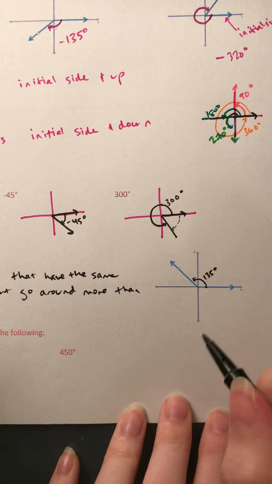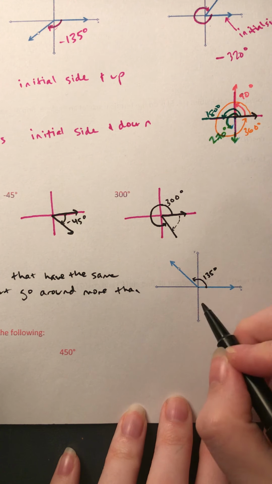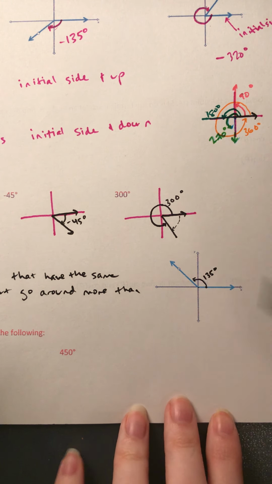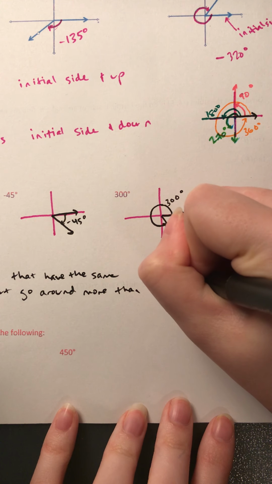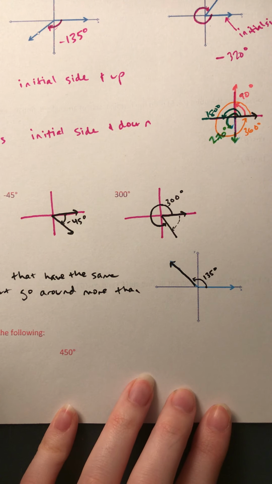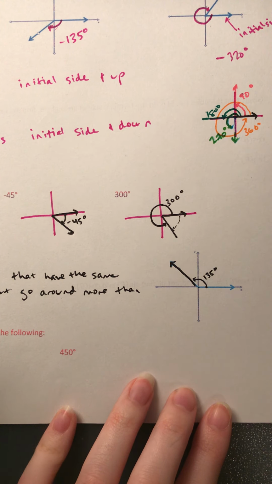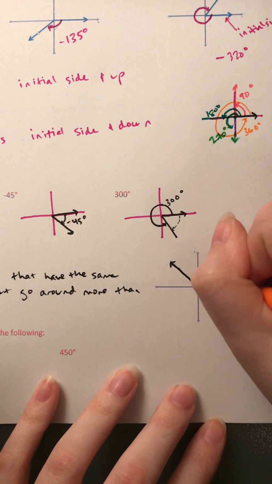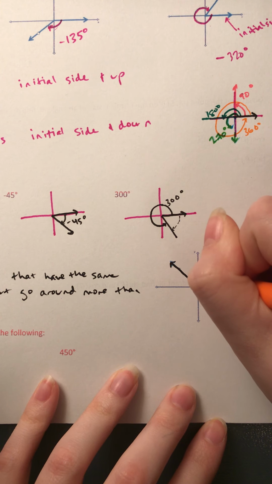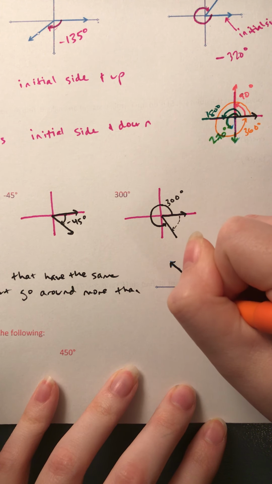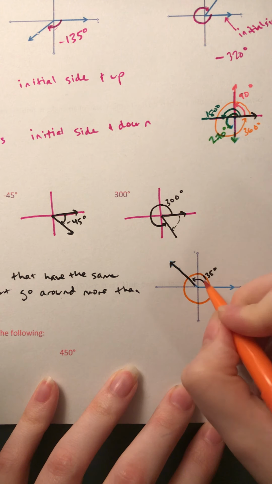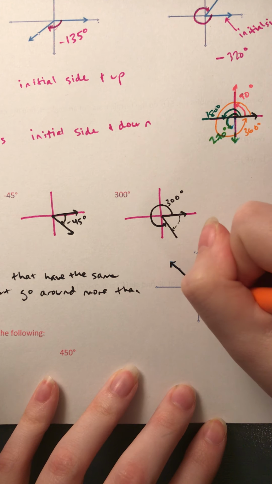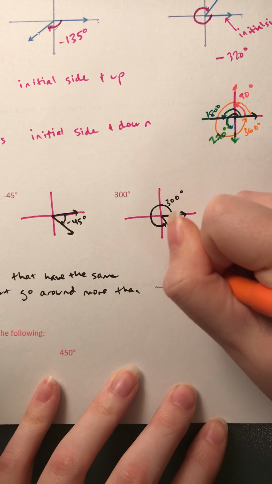And a coterminal angle is saying that there are actually infinitely many angles that have this specific terminal side. So to show you guys, for example, let's say that I started here and I went all the way around once. So from here to here is 360 degrees and then I ended up here.